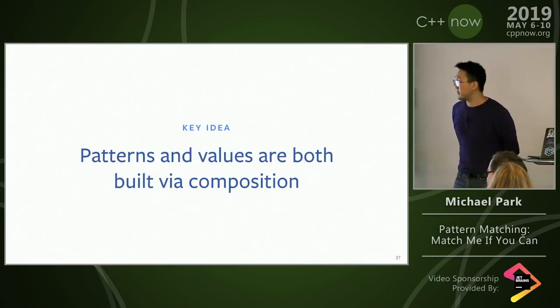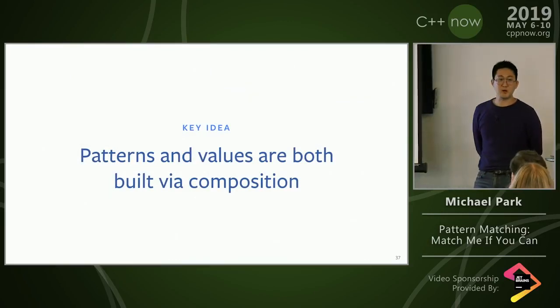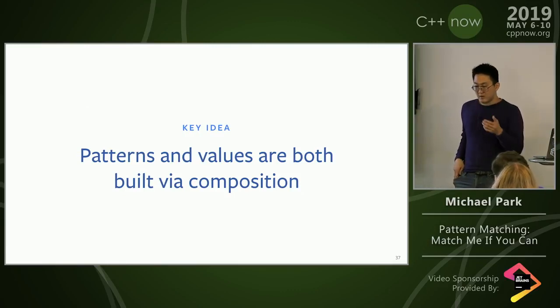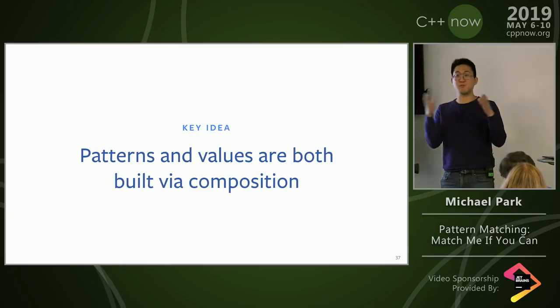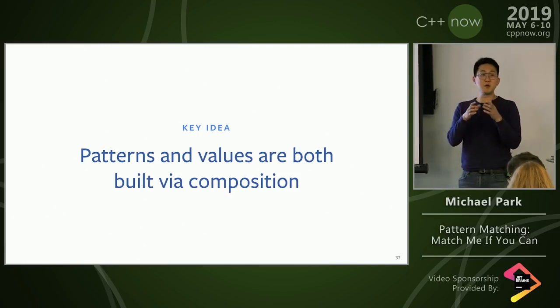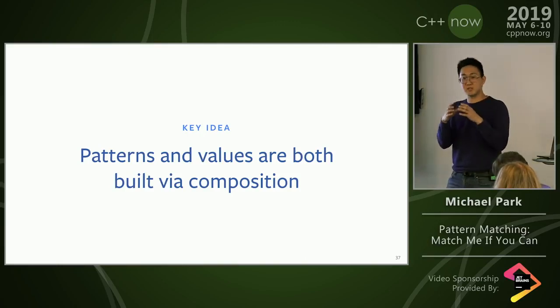So the key idea here is that patterns and values are both built via composition. What I mean by that is the values that we build in C++ are built through composition, in that we have some integral, let's say, or literal, like 42. We might put that into a pair. That might go into a struct of some sort. So we're building these values inside out.